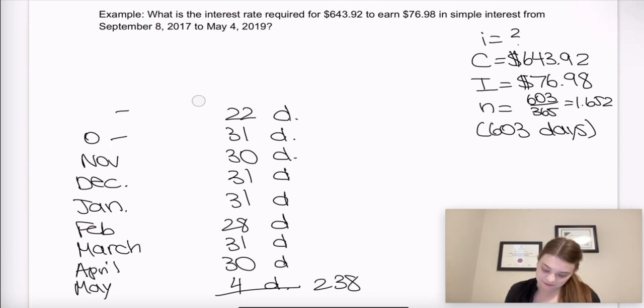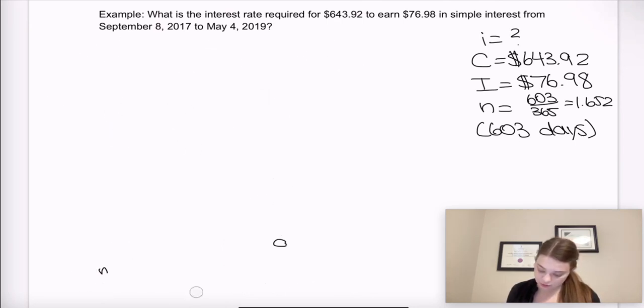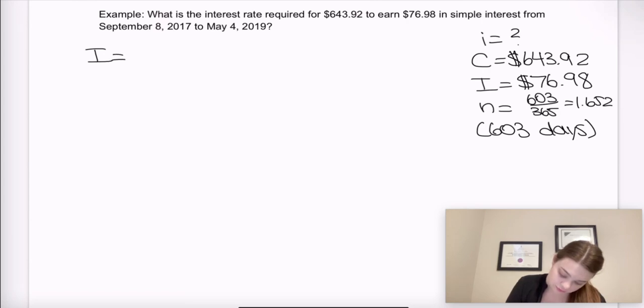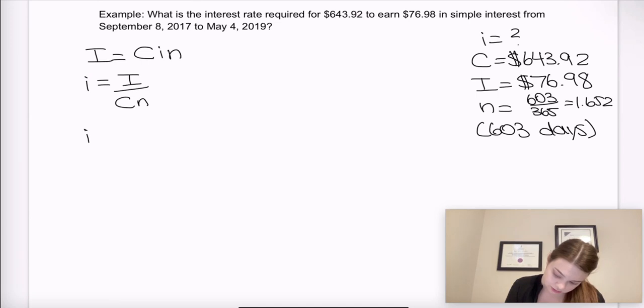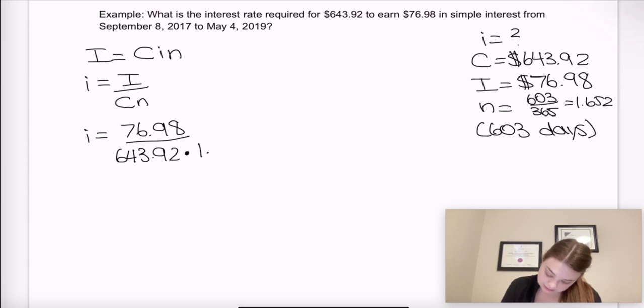All right, now let's find out what interest rate is required. Our regular interest equation is that the interest is equal to the capital times the interest rate times the number of periods. So the interest rate is equal to I over Cn, which is equal to $76.98 over 643.92 times 1.652.